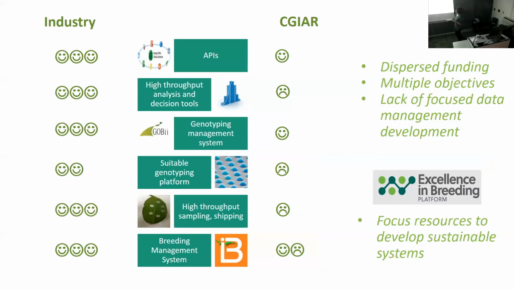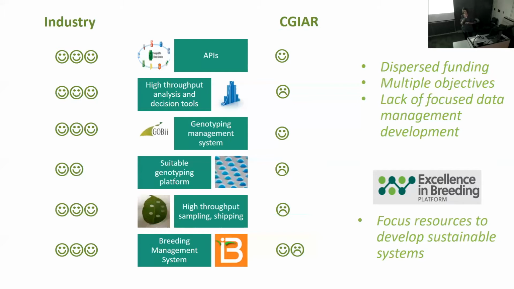And then in the CG centers, we're suffering from little bits of money here and there, one project for this system, one project for another system. CG centers are not all about plant breeding. They are there for the greater good. They're there to be able to support the local communities and sustain resources.